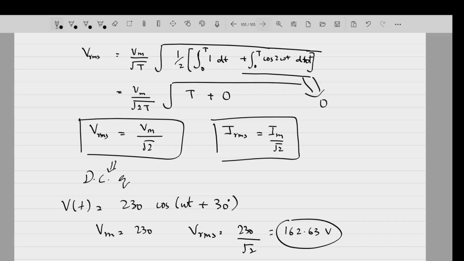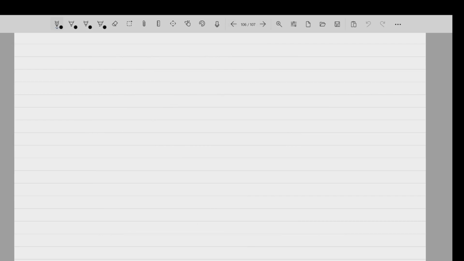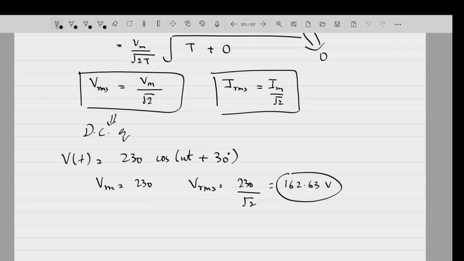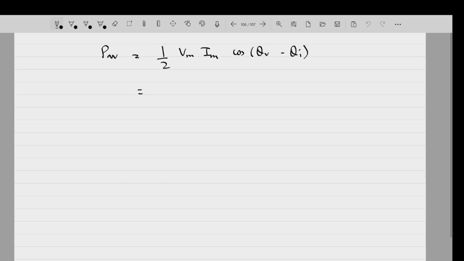Yesterday we derived the formula for P average. P average is equal to 1 by 2 Vm Im cos of theta V minus theta I. Now if Vrms is equal to Vm by root 2, then Vm is equal to root 2 Vrms, and similarly Irms is equal to Im by root 2, so Im is equal to root 2 Irms.